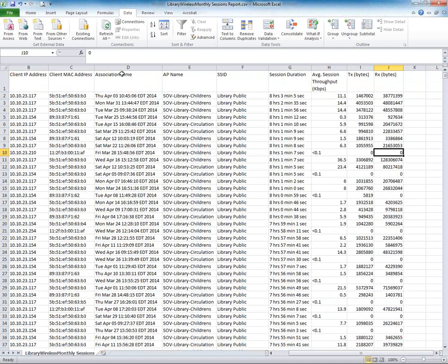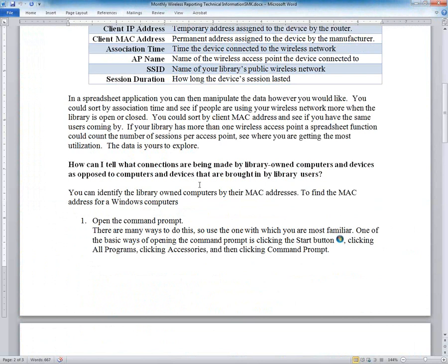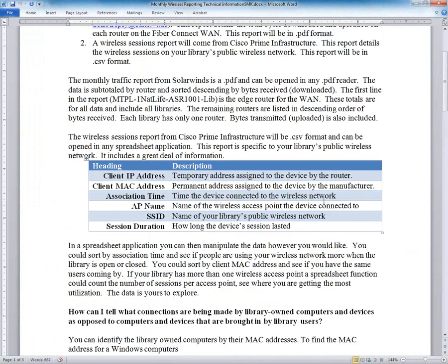So obviously the association time, and I'm not sure, let's see if the Word document explains that. The time at which the device connected to it, so it's when that connection is actually made.